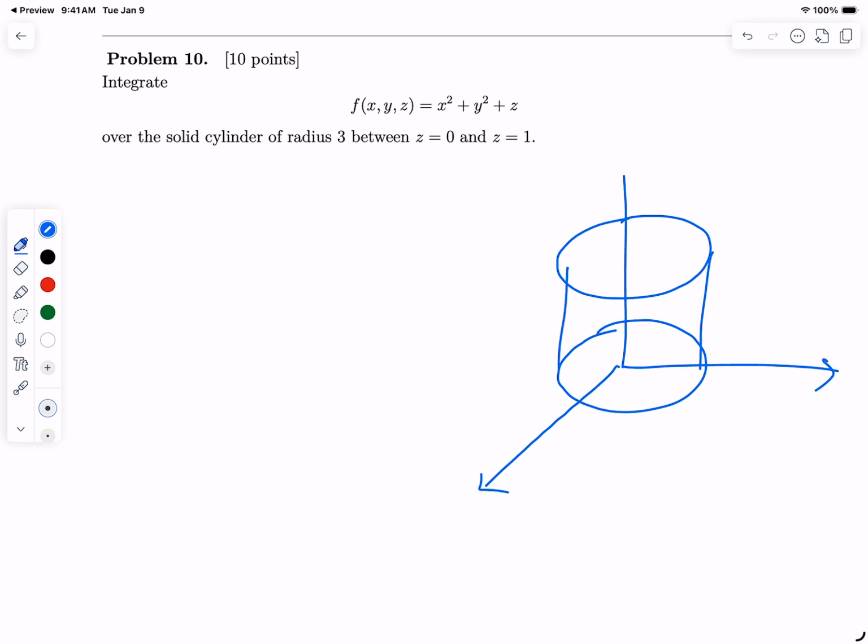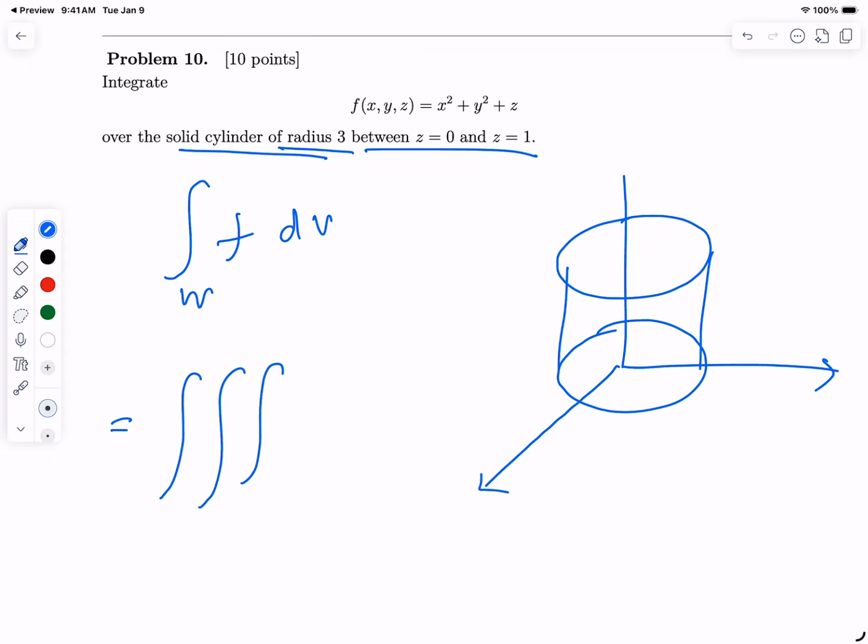The reason is the region is a solid cylinder of radius 3 between z equals 0 and z equals 1. So I'm going to integrate f, and there will be a volume element because this is a triple integral over some region. The volume element is r dr d theta dz.